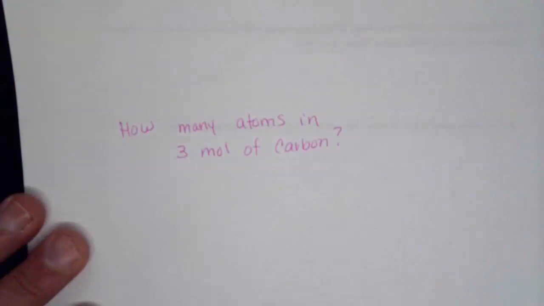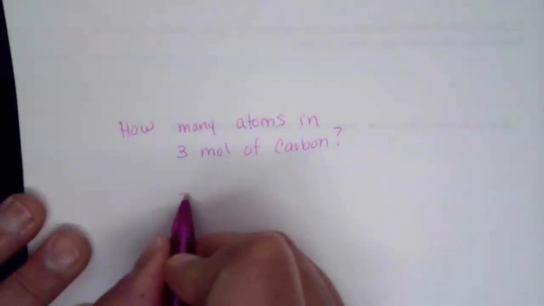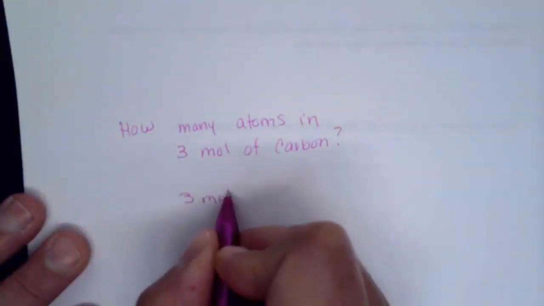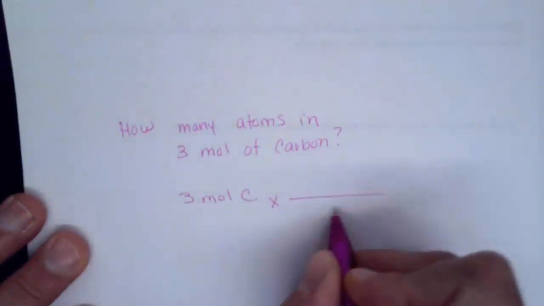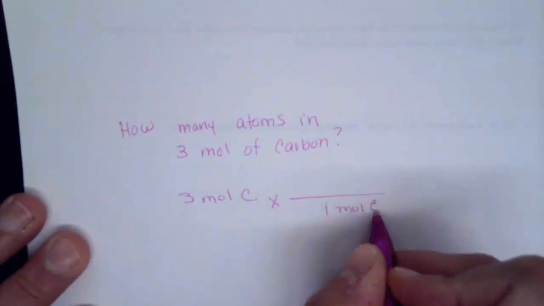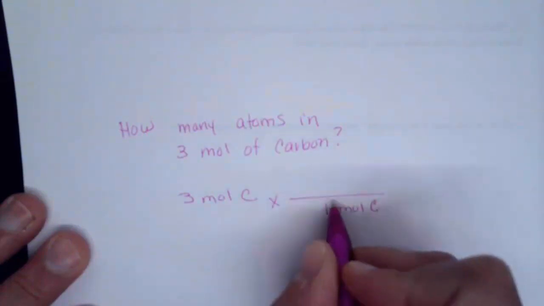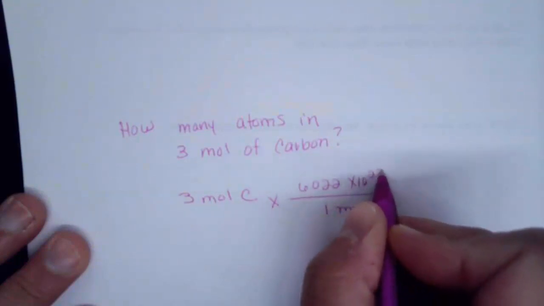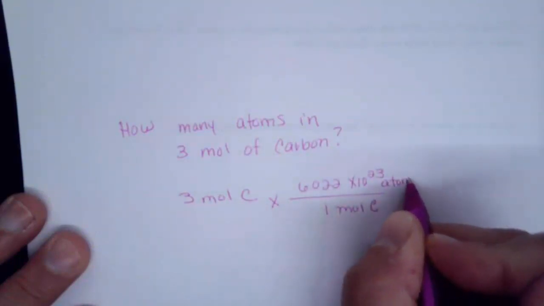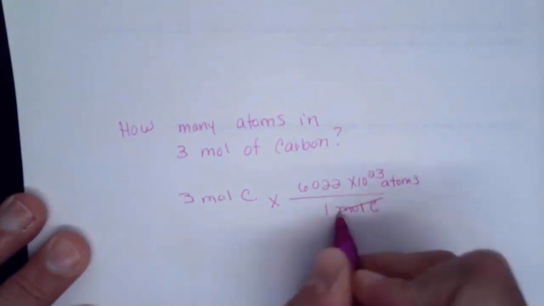So let's just do another quick example problem. How many atoms in 3 moles of carbon? We'll take 3 moles of carbon times 1 mole of carbon, and we know that there are 6.022 times 10 to the 23rd atoms in that 1 mole of carbon.